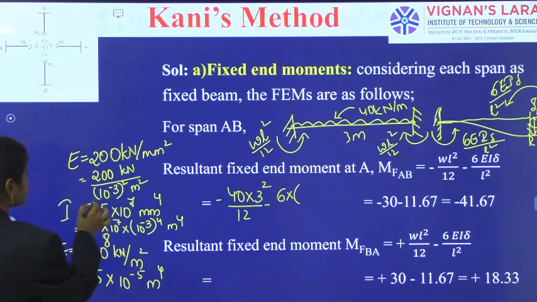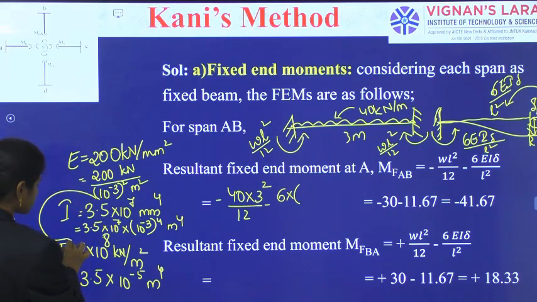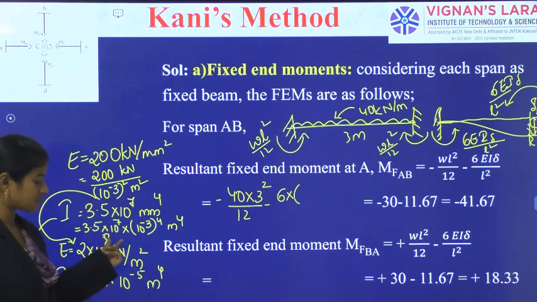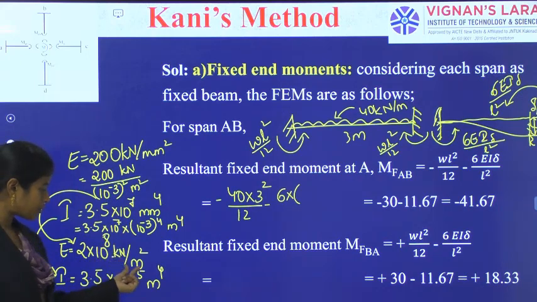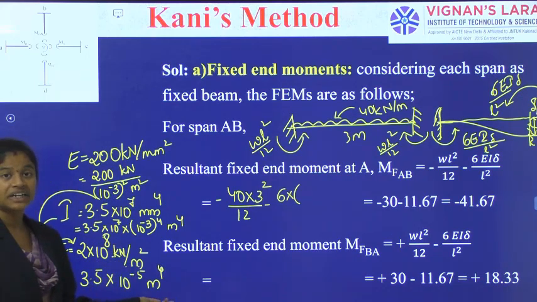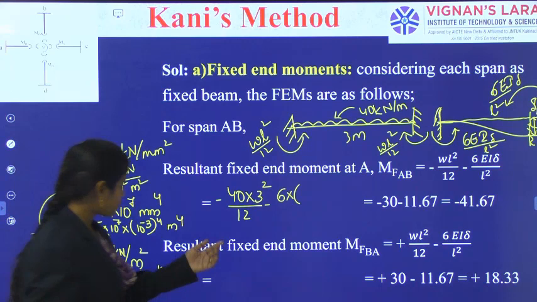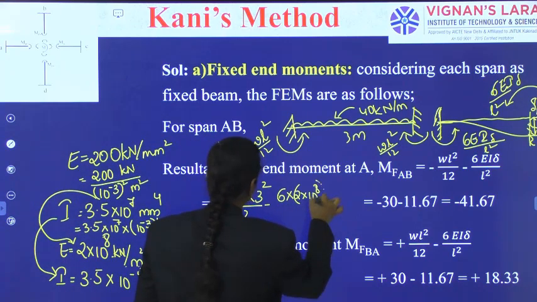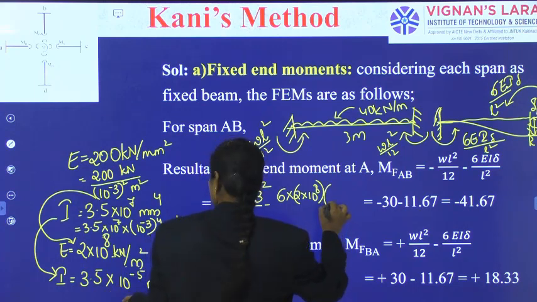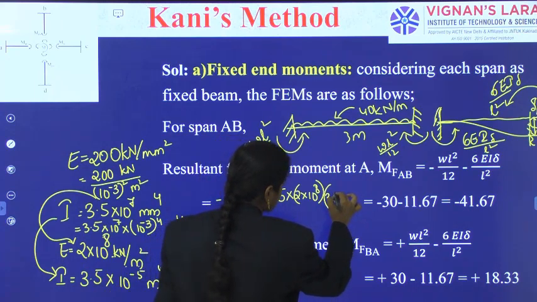Okay, so from this I have got the Young's modulus answer, and from this the moment of inertia answer. The Young's modulus is converted into kilonewton per meter square and the moment of inertia into meter power 4. Now we will substitute all these. E is 2 into 10 power of 8 and I is 3.5 into 10 power of minus 4.